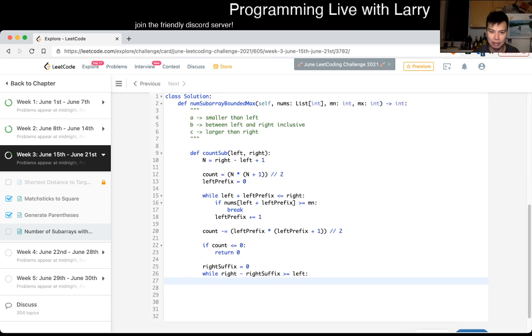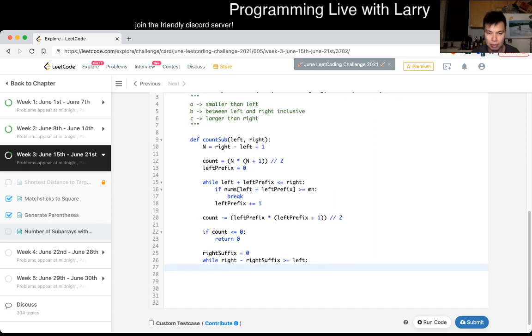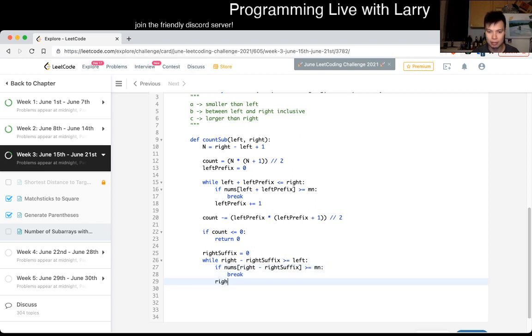Otherwise, we do the suffix as well because that means that we don't duplicate. So yeah, with nums, oops. So this is given a contiguous part that is good, right?